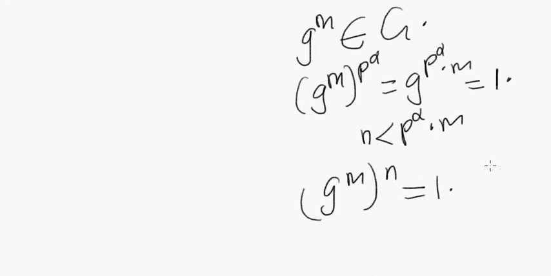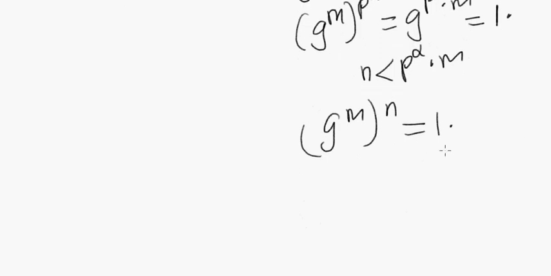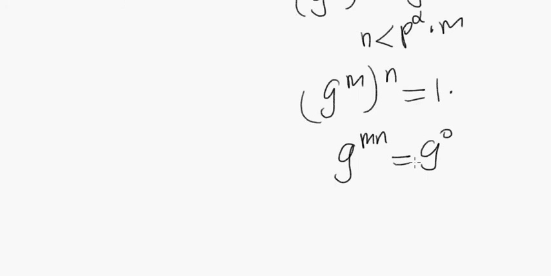Suppose we have an n such that g to the m raised to the n equals 1. Aren't we saying that g to the mn equals g to the 0? Isn't g to the 0 still 1? But if this is true, aren't we saying that, well, do we even want to go this far? That mn is congruent to 0 mod p to the alpha times m?